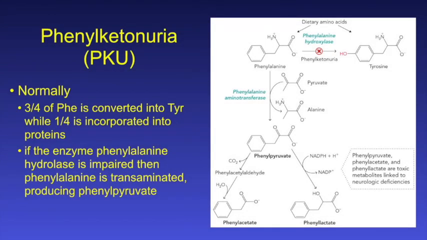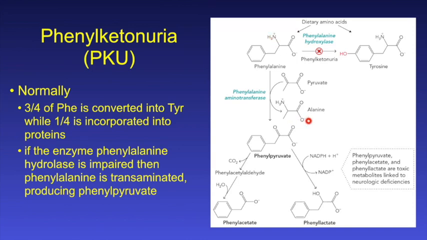Okay. Now, the reaction that converts phenylalanine to tyrosine, okay, because we have this particular enzyme, tyrosine is not really considered an essential amino acid because as long as we eat phenylalanine, we can synthesize it. But if a person cannot cause that reaction to occur because of the hydroxylase being deficient or absent, okay, what happens is I'm going to transaminate, take the amine off of the phenylalanine.